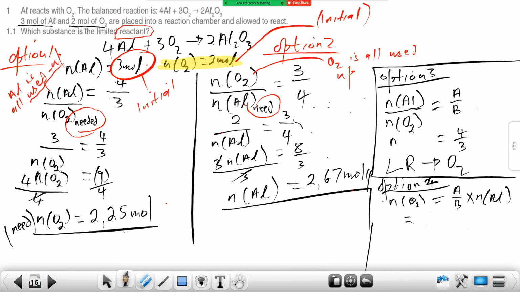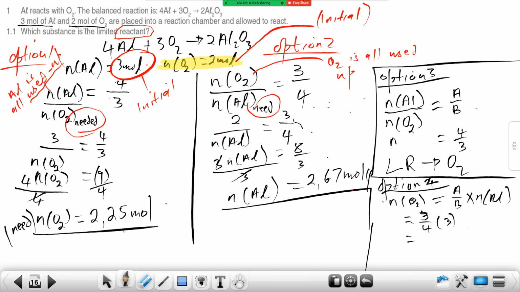So your A will be 3, because you started with oxygen over 4, multiplied by the number of moles, which is 3 for aluminium. So you end up with 9 divided by 4, and 9 divided by 4 is 2,25.